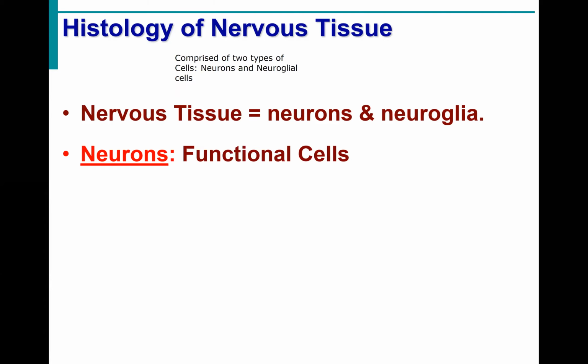So let's talk about each of those. As I mentioned, our neurons are primarily our functional cells. These are the ones that produce the action potentials and spread the signal. These are the ones that communicate and do all the other important things that we talk about. They're able to do that because of their characteristics.